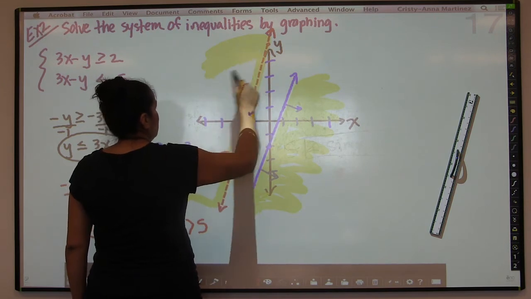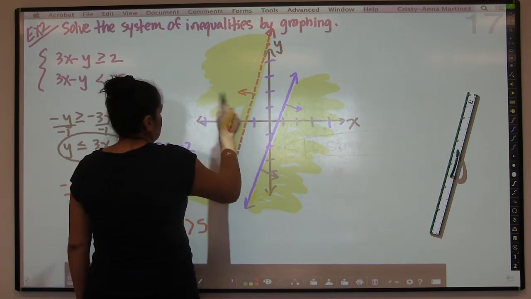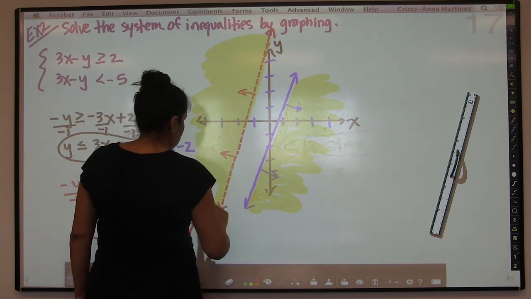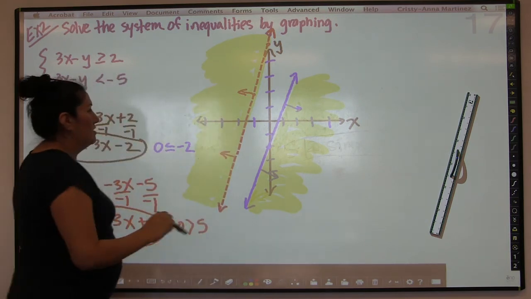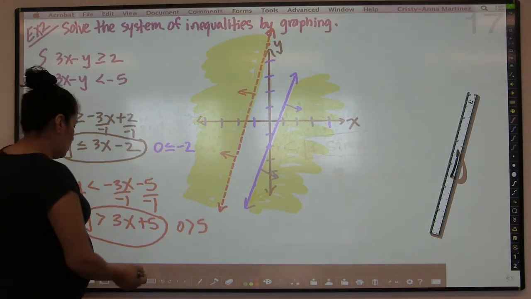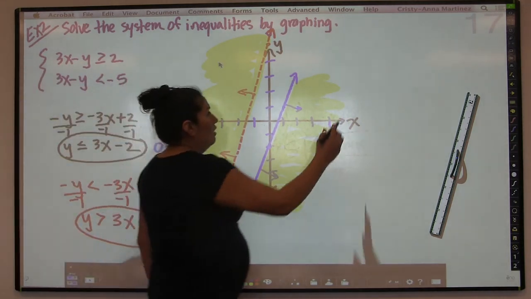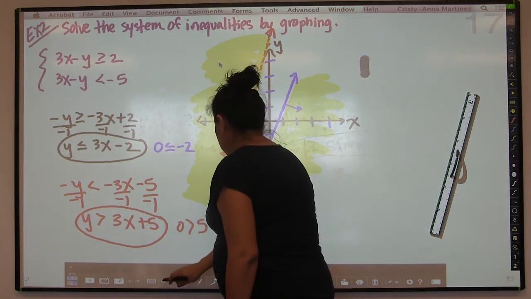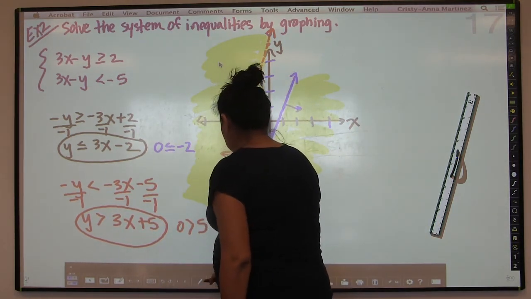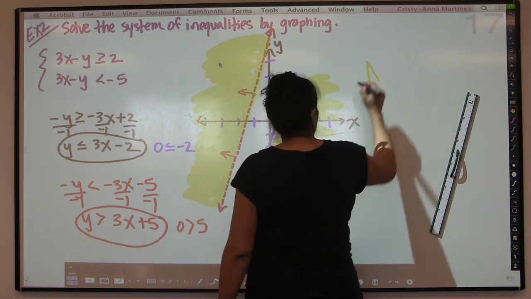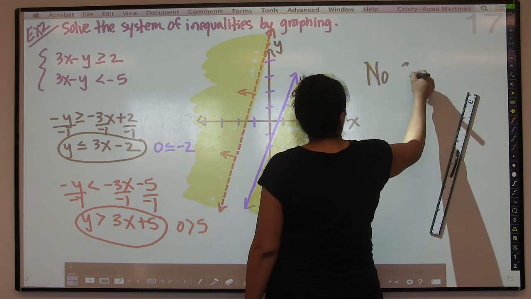Now remember, these lines are supposed to be parallel, so they're never going to cross. And you can tell they're parallel because their equations have the same slope. And what's going to happen is that there's no overlap in the regions. Therefore, there is no solution for this particular system. No solución.